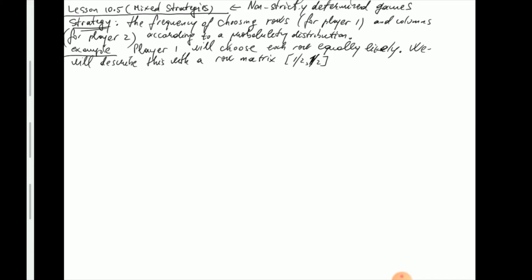So this strategy can be written in terms of a row matrix. It's going to be a column matrix for the second player. That's just for the reason of being in agreement with the way we compute multiplication of matrices. You will see later. Conceptually, it doesn't matter as much.